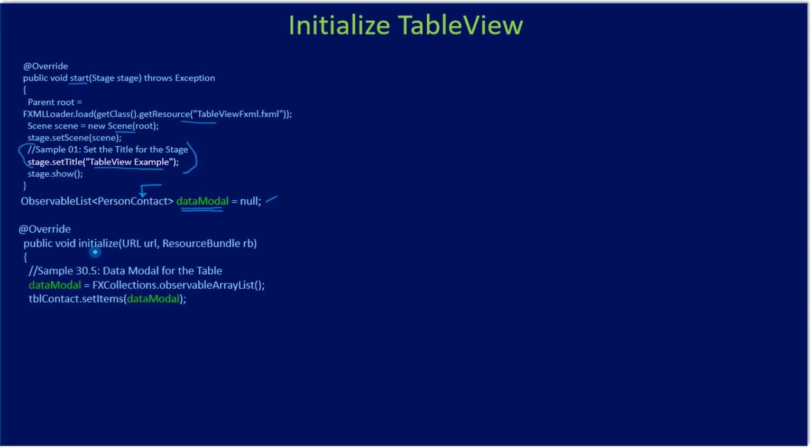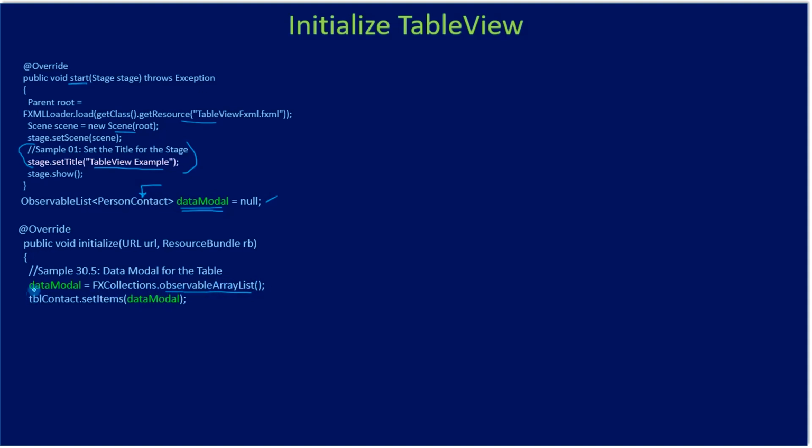So in the initialize method, FXCollections.observableArrayList will return a collection, and we are initializing the data model with this observable array list.